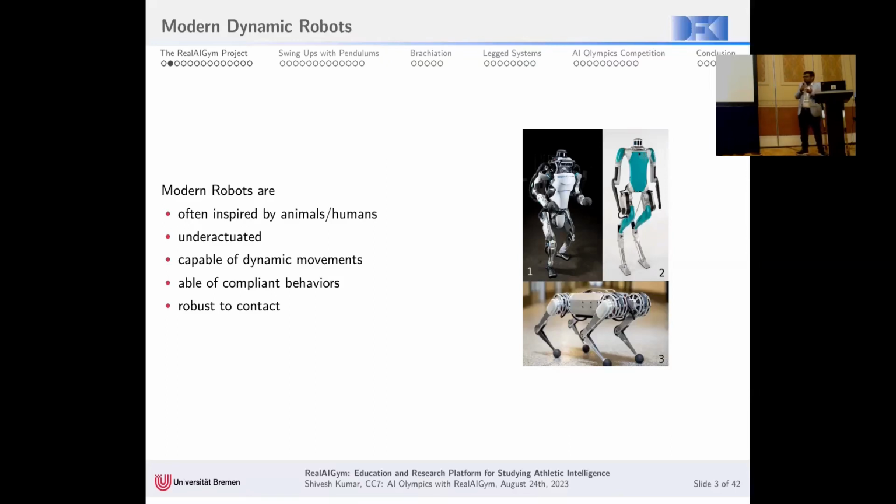Some common features about these robots are that they are underactuated systems. That means you can't control all their degrees of freedom. They are capable of dynamic movements. They show some kind of compliant behaviors, which are important for dealing with contacts, and they are robust to impacts and contact forces.